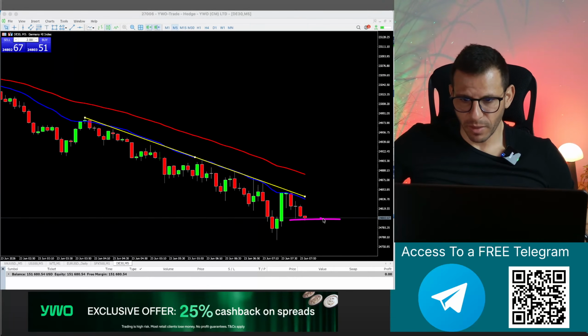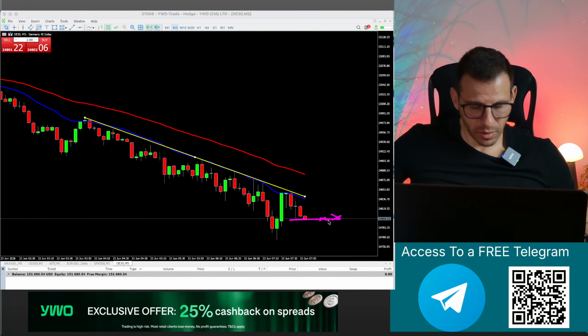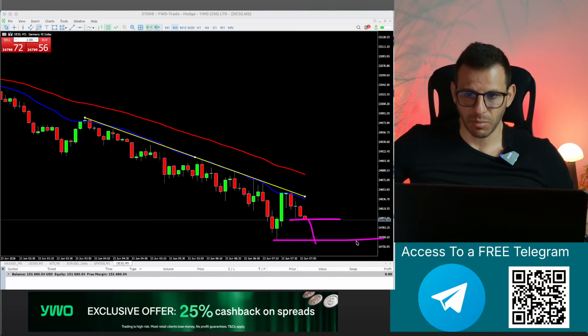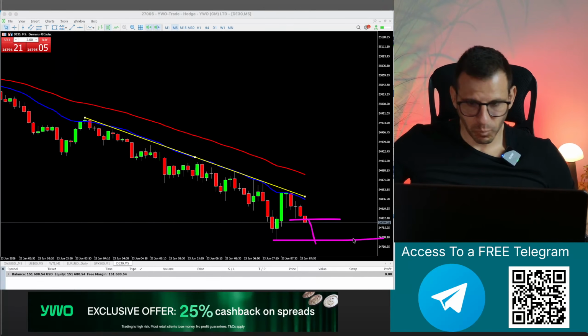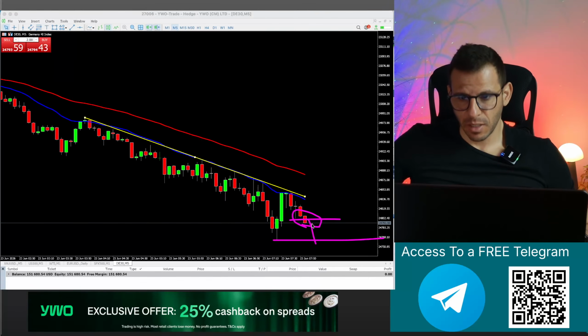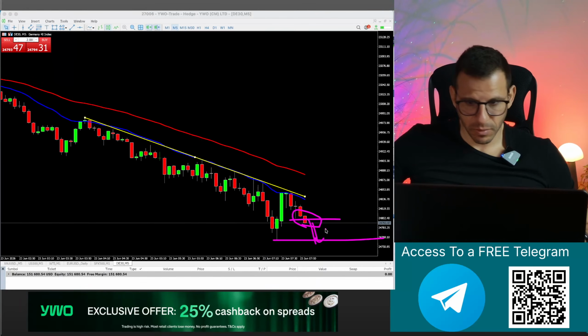See, if we break below this support, chances are we're going to come aggressively to the next support. Yeah, see this candle? If there is a strong bearish momentum in this market, yeah, price will go down.